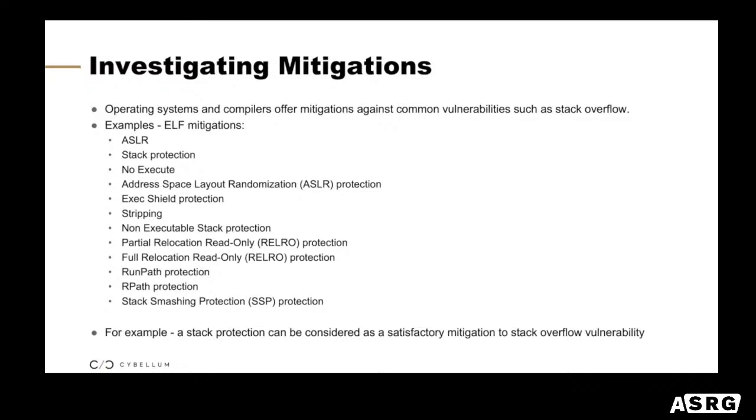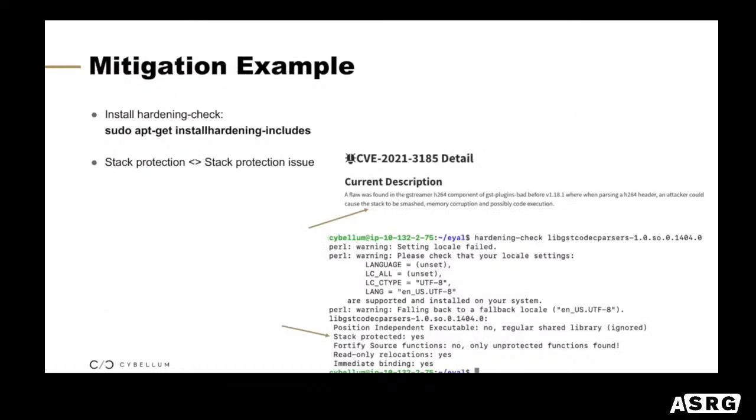Which means if you identified an executable and its version and you know it has multiple vulnerabilities, if the executable file has stack protection, you may consider that good enough and mitigated against those vulnerabilities, and these would then become irrelevant vulnerabilities because it is much more difficult to trigger them in practice.